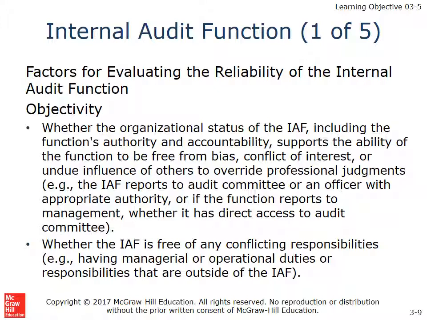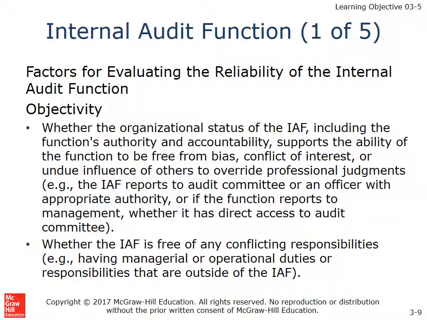They are actually looking at the processes of the company, making sure that they're good, making sure that people are following them. They are checking that the accounting is being done correctly. So whether the organizational status of the internal audit function, including the function's authority and accountability, this is what we're looking at, supports the ability of the function to be free of bias, conflict of interest, or undue influence of others to override professional judgments.